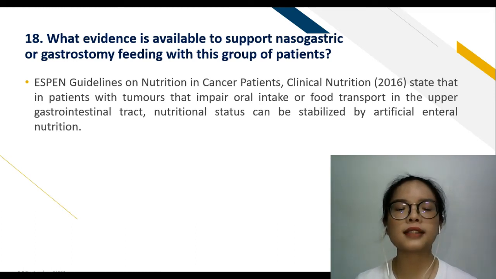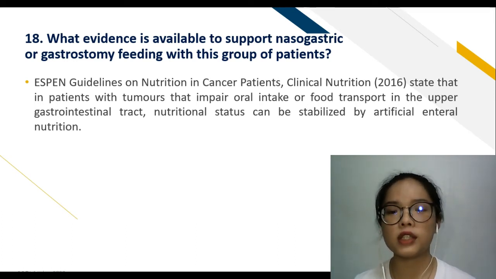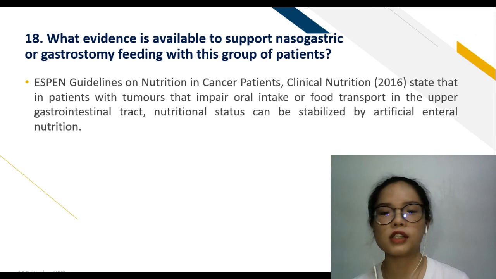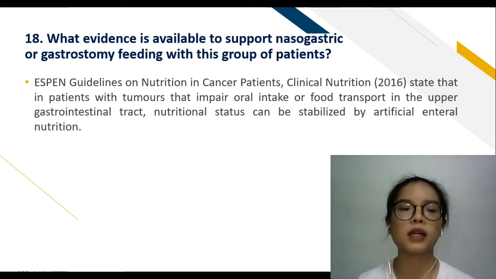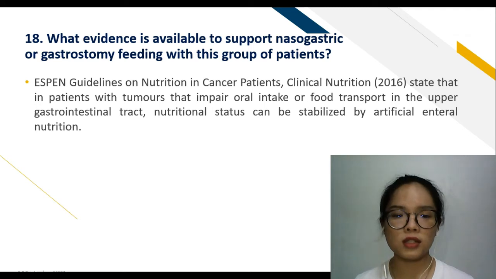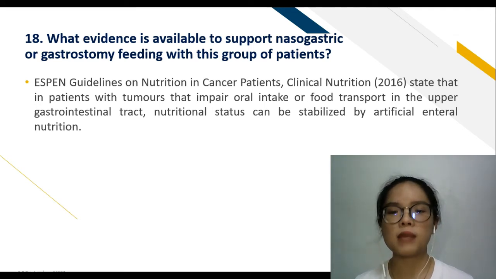As per the guidelines on nutrition in cancer patients, Clinical Nutrition 2016 states that in patients with tumors that impair oral intake or the transport of food in the upper gastrointestinal tract, nutritional status can be stabilized by artificial enteral nutrition.